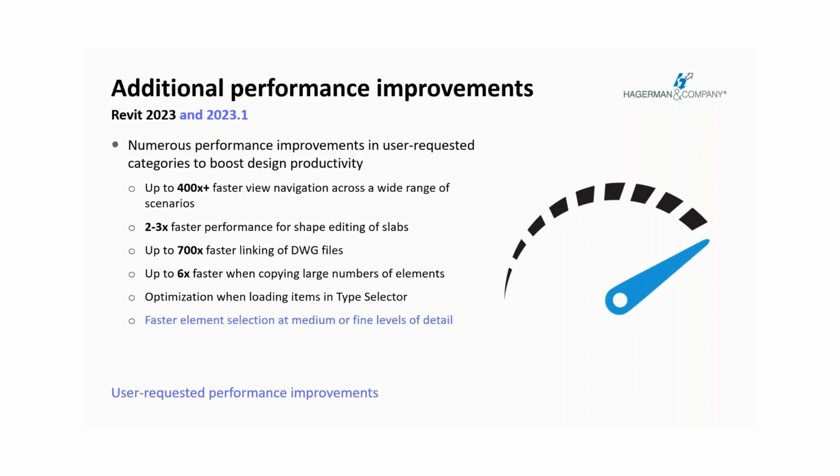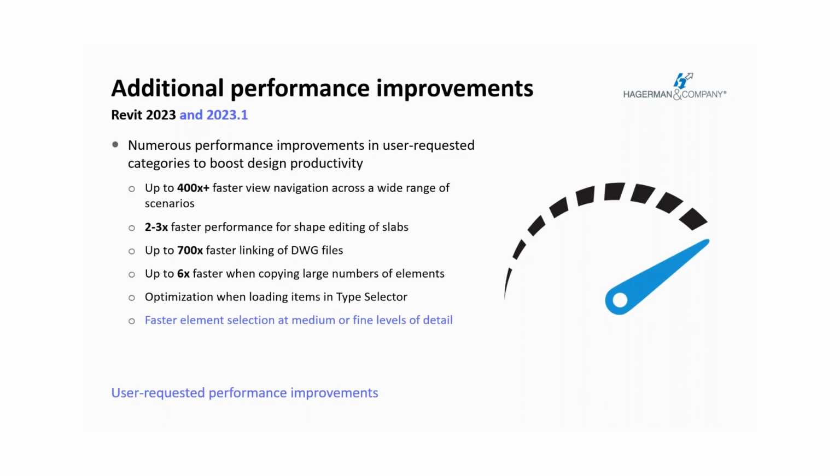And then for 23.1, there's been some performance improvements specifically for element selection, and these categories are optimized so that the performance of selection at medium or fine level has been improved.